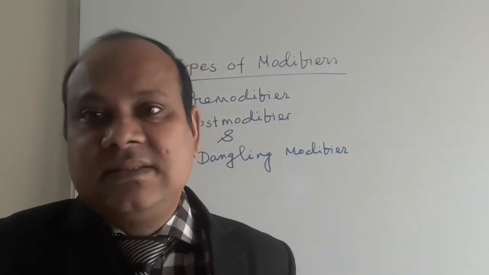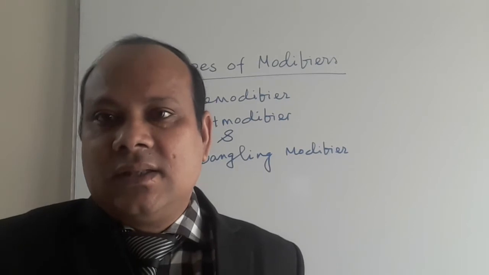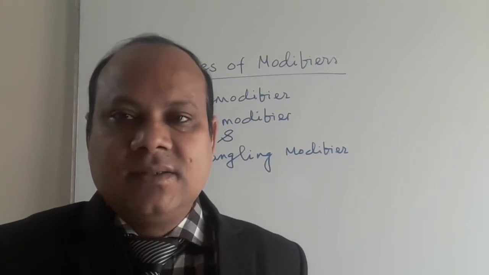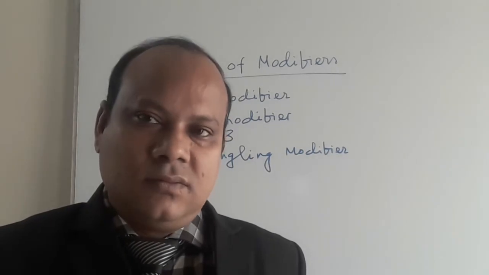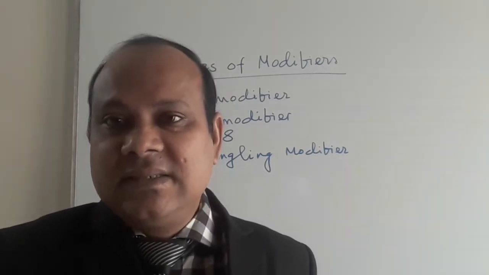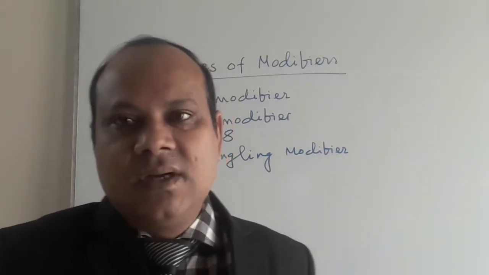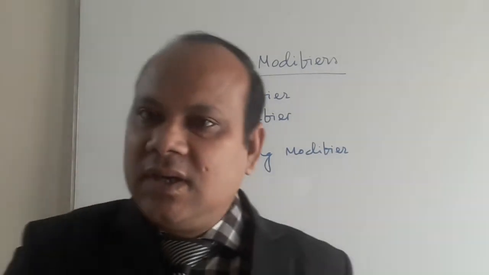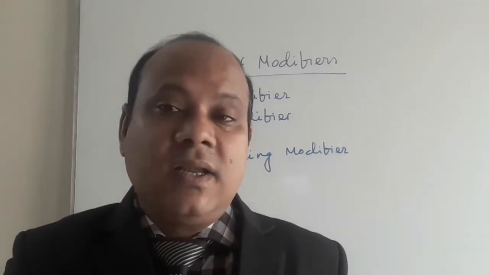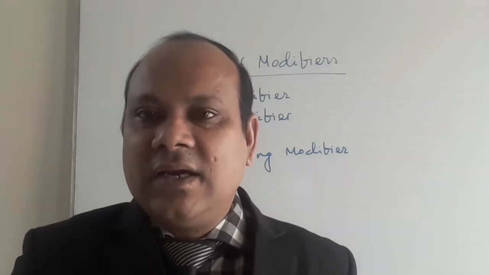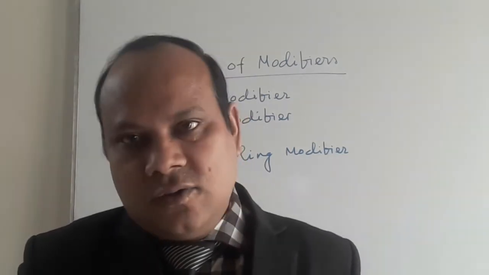A pre-modifier is such a type of modifier that is placed before the noun, and a post-modifier is such a type of modifier that is placed after the noun to modify the noun. And a dangling modifier is such a type of modifier where it is totally unclear who modifies whom.